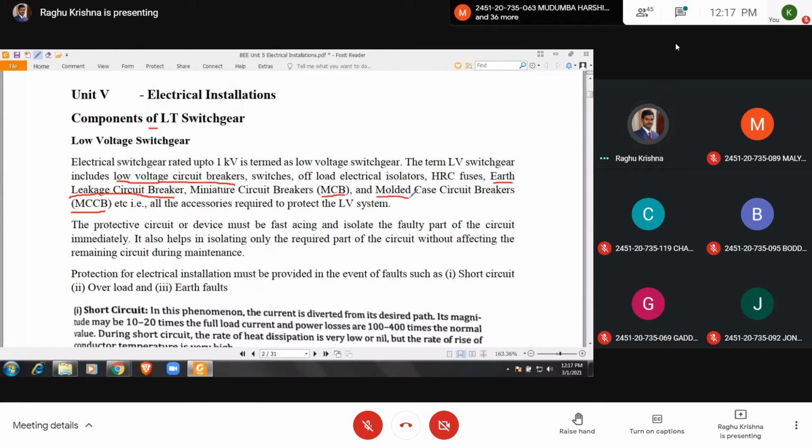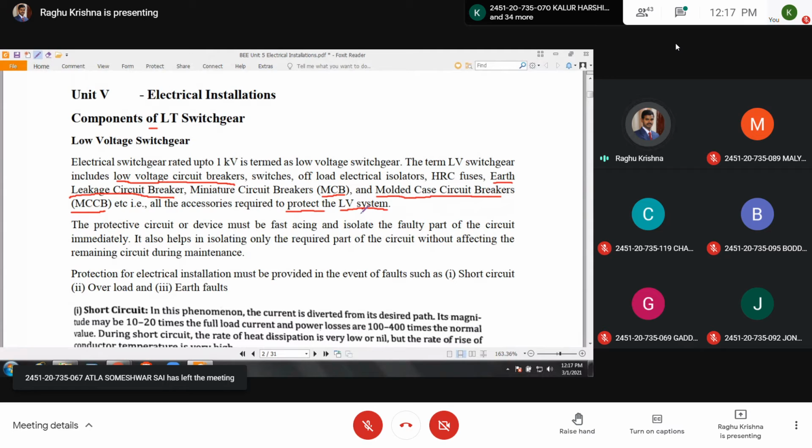Molded case circuit breaker. All these are the accessories required to protect the LV system. This will protect our equipment.